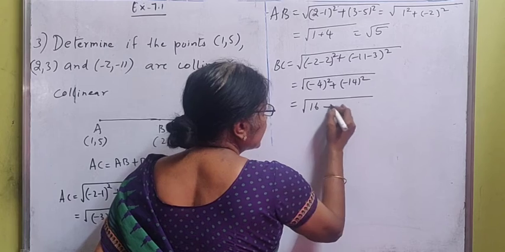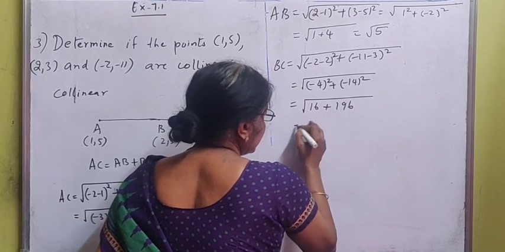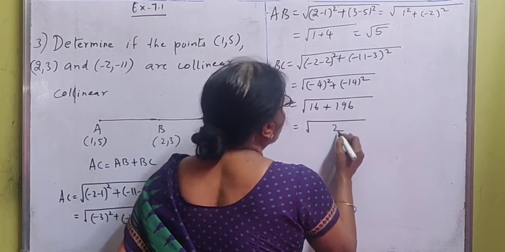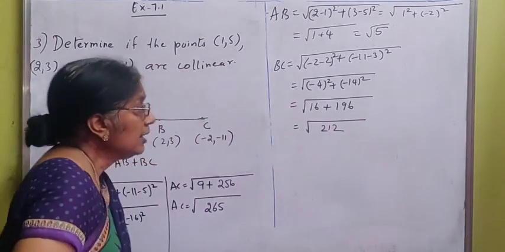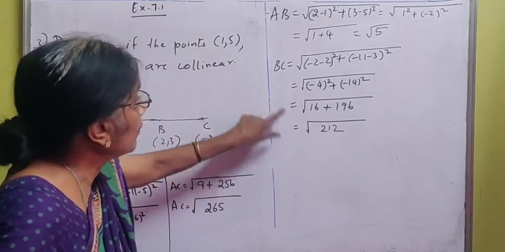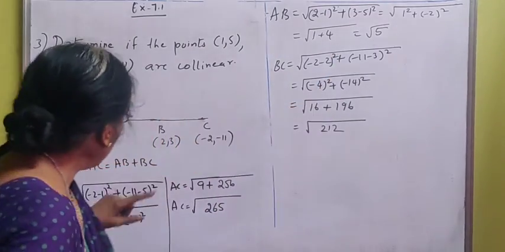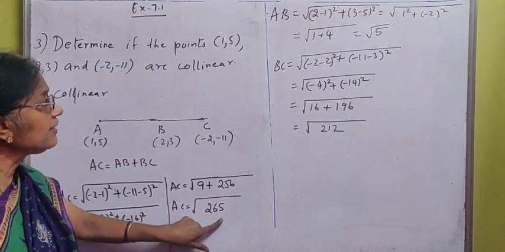Minus 4 square is 16 plus 196 is 212. So BC is root 212, AB is root 5 and AC is root 265.